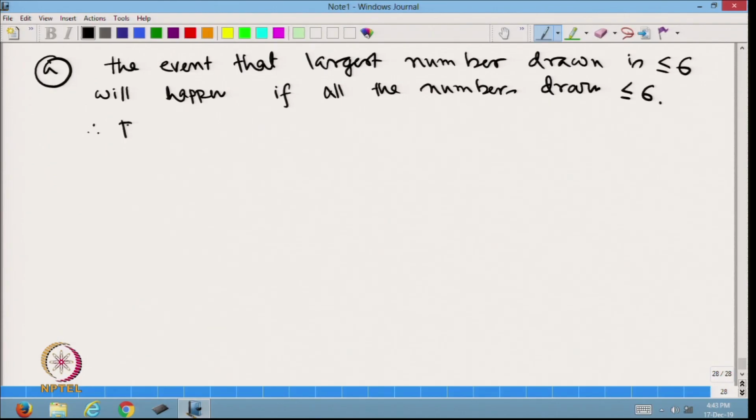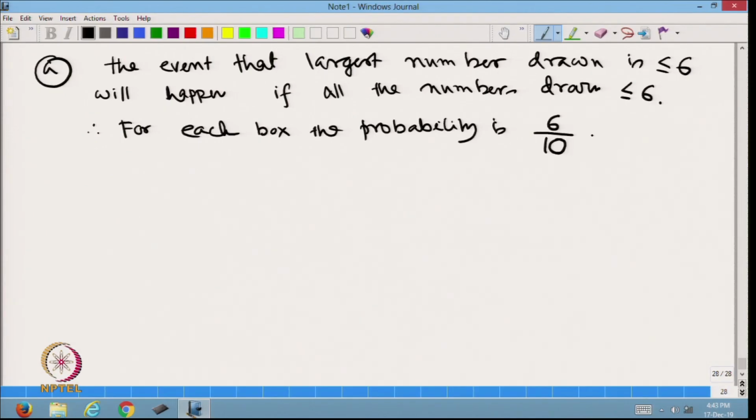Therefore, for each box the probability is 6 upon 10. There are 10 balls and I am looking at a number less than equal to 6.